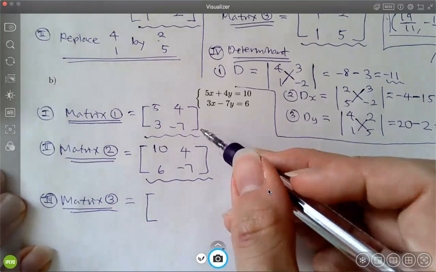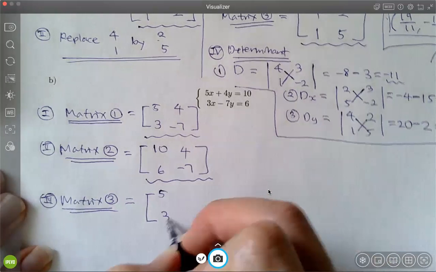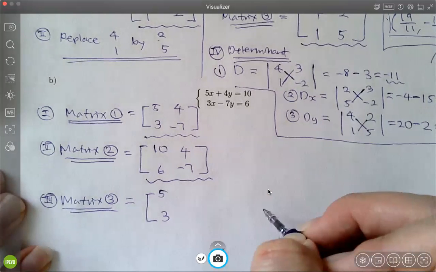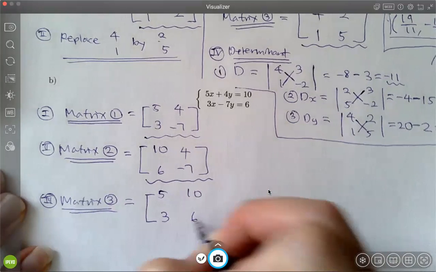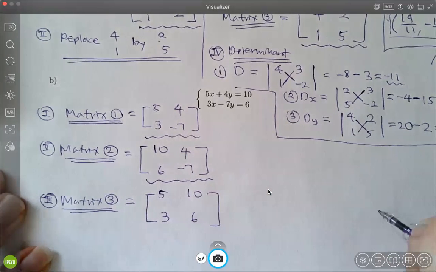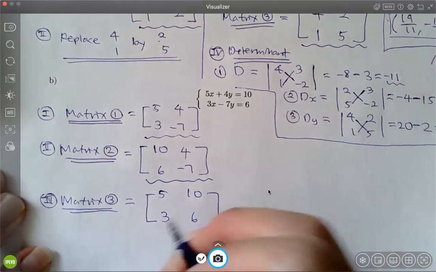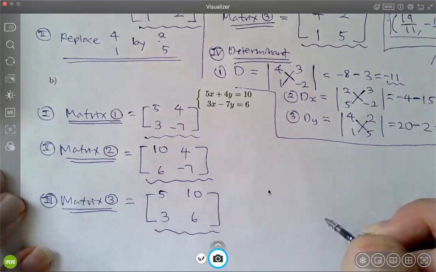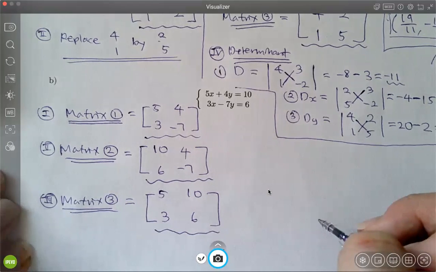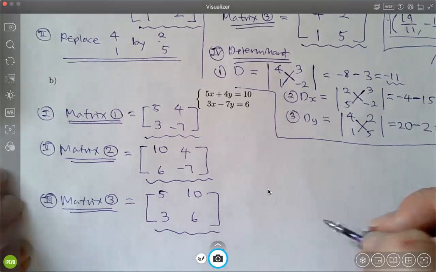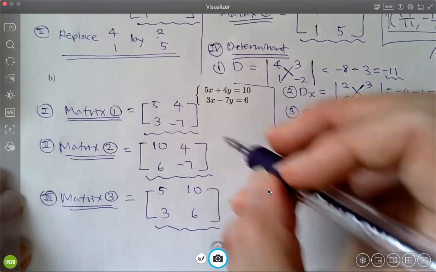So what do you get? 5 and 3 stay the same, and then you have 10, 6 here, right? Any questions up to this point, finding these 3 matrices? Okay, so now what is the next step? The determinant, right?